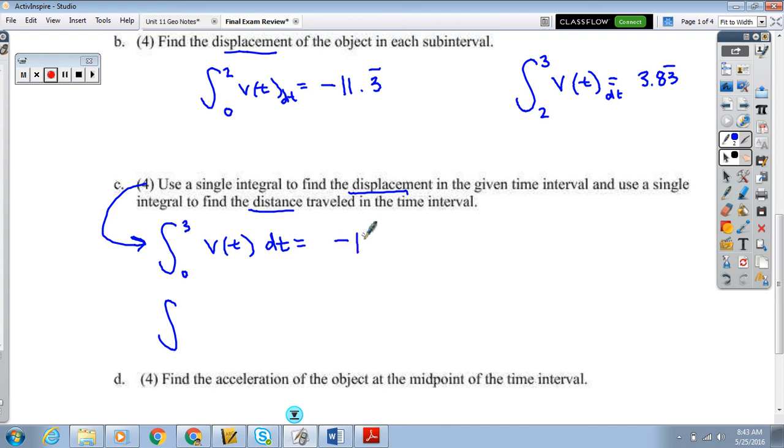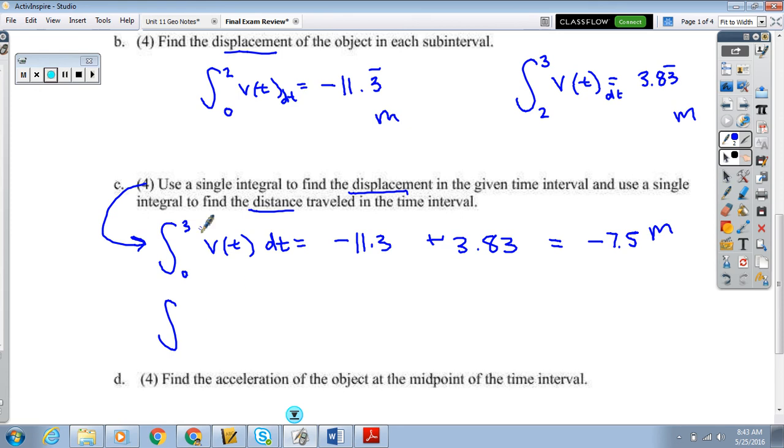So I'm really just going to be adding the two answers that I got in part B, and that ends up being negative 7.5, and oh my gosh, I should be putting units on this. Meters. The second part is asking me a very different question. That's talking about the distance traveled.